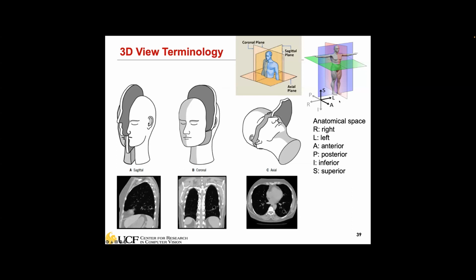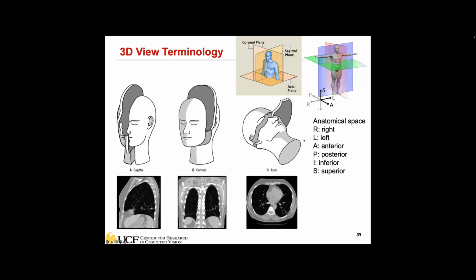There's also some specific terminology in this anatomical space. We have right and left, but for front and back we don't say that; we say anterior and posterior. And for top and bottom, we say superior and inferior.